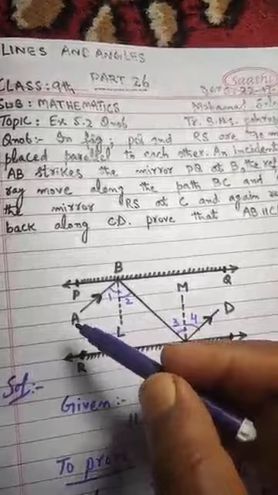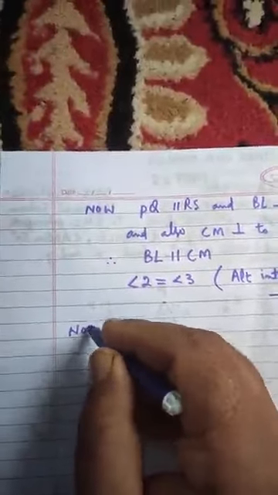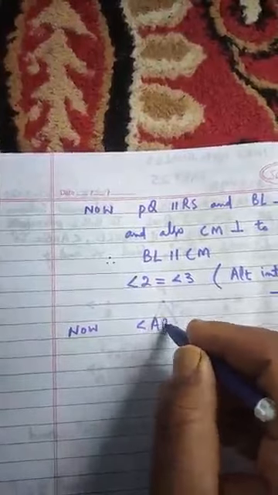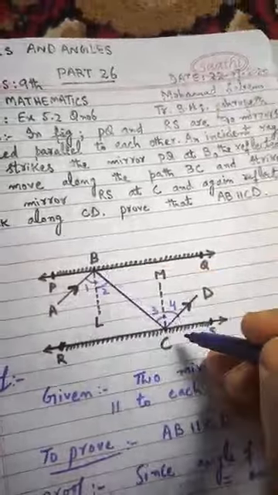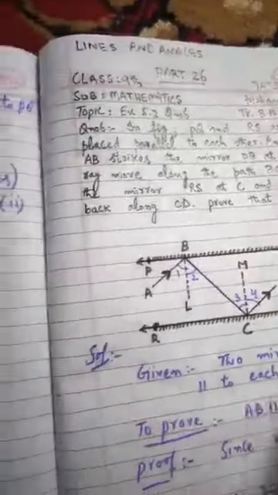Now we will take angle ABC. Angle ABC is equal to angle 1 plus angle 2, isn't it?